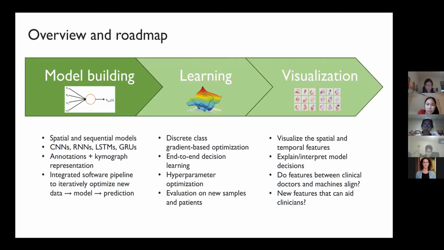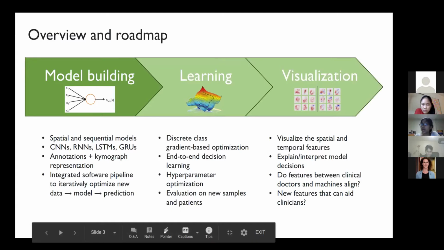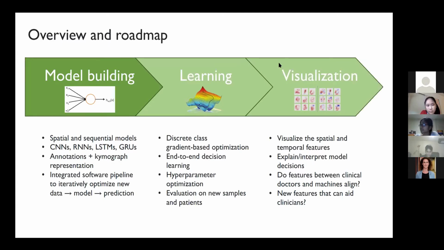We also do some hyperparameter optimization, which is basically changing the number of patients we're looking at, or changing the number of iterations of our model, or changing however many images or fragments of images we're looking at once. And then we'll be evaluating on new patients and new samples.